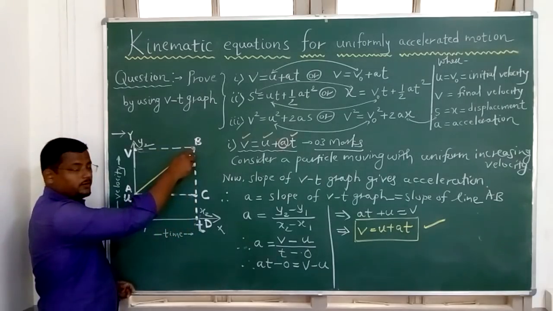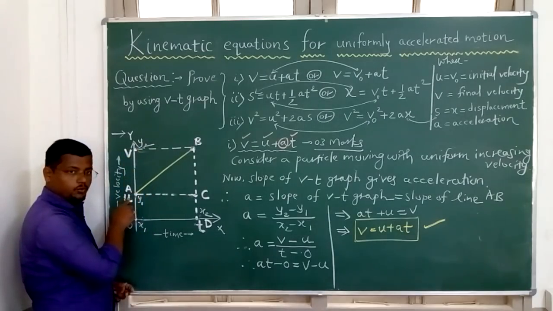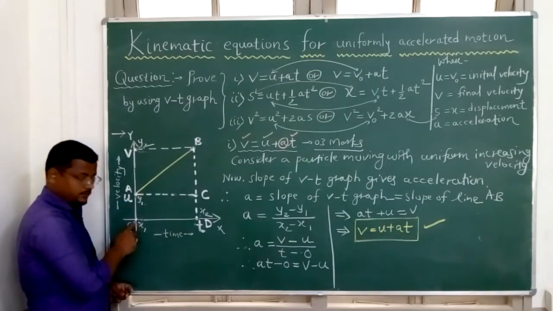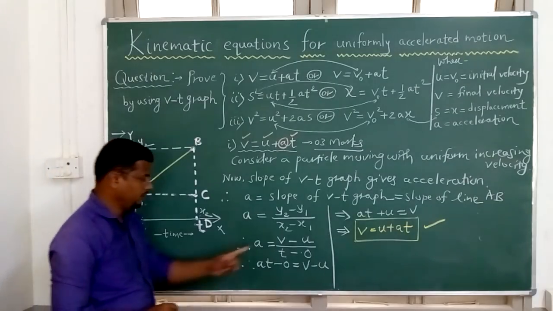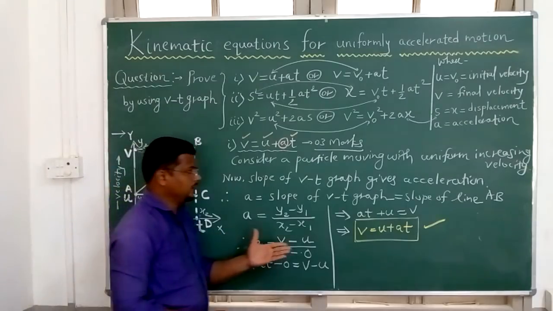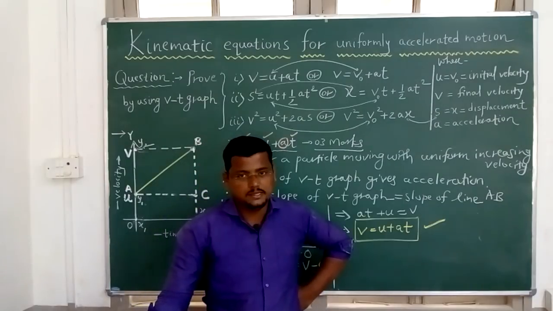For point B, what is velocity? v for y2. What is for A? Velocity is u, represented by y1. And what is time here? x1, where x1 is time equal to 0 here. I have written x2 time is t and x1 time I have written equal to 0, and this gives me the proof of v equal to u plus at.